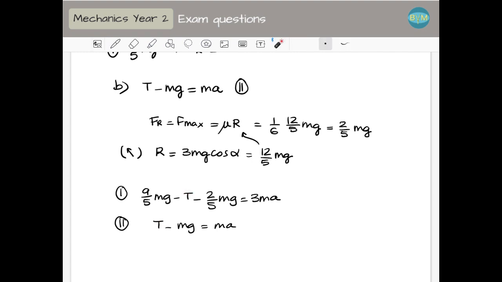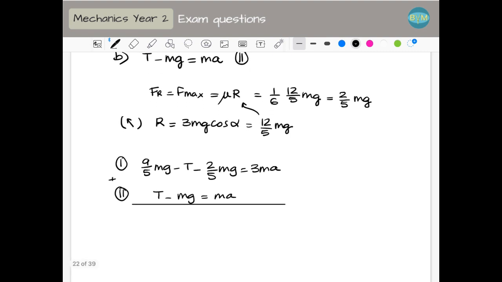So it's just solving simultaneous equations. For example, if I add them, I will get rid of T. Actually, we could put this together. So 9/5 of mg minus 2/5 of mg is 7/5 of mg. So T and T are cancelled when I add them.